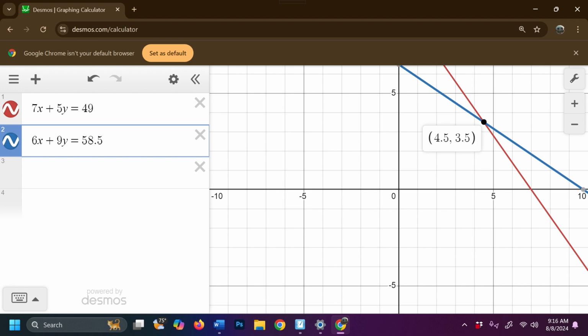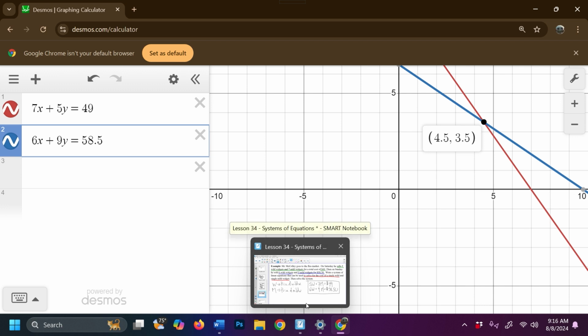And it's okay that we have decimals because remember, these are prices, so it's a dollar amount. So decimals is definitely going to be okay. Whatever the X value was, that's going to be $4.50, and the Y value would be $3.50.